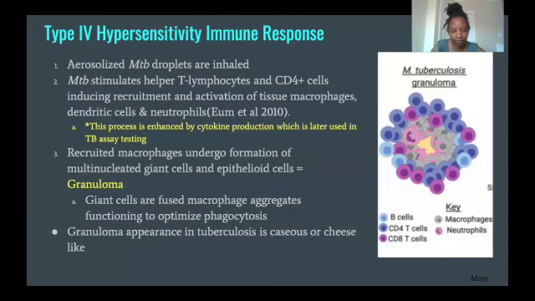Recruited macrophages undergo formation of multinucleated giant cells and epithelioid cells, that is, granuloma. Giant cells are fused macrophages, and the aggregates function to optimize phagocytosis.